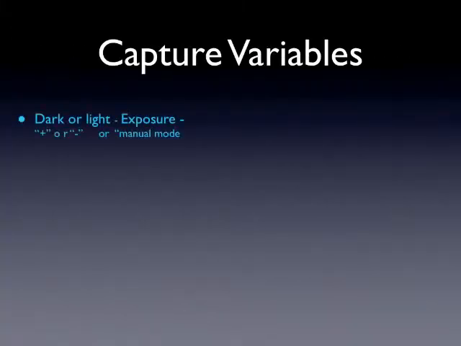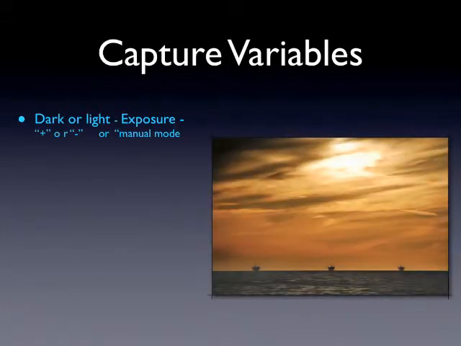So capturing variables. This is now, hopefully you don't have a headache yet, but we'll see what happens here. Lightness or darkness. How do I control it on my camera? Well, sometimes I just put my camera on manual mode and adjust the settings based on the little light meter that's in the camera, which we showed you in class, and I can show you again if you can't find it. Or on most cameras, many cameras, there's a little plus minus sign, little button you push in.